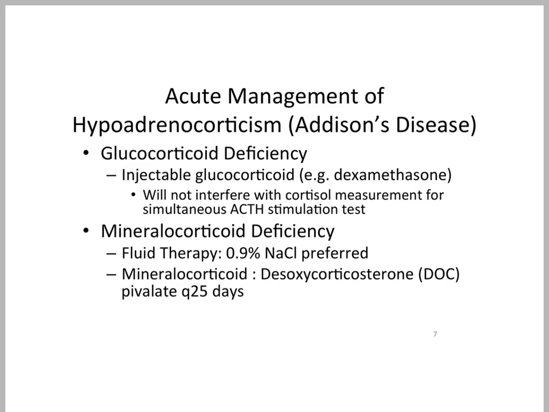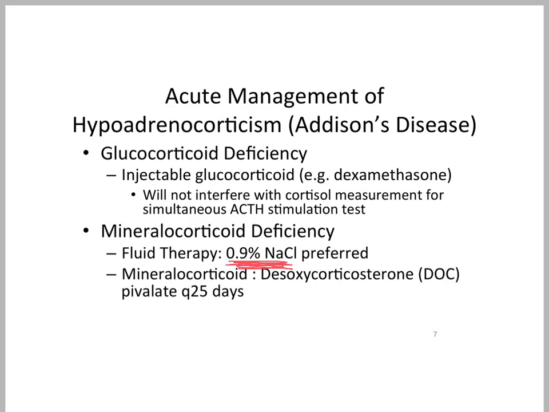So how do you manage one of these cases? Well, let's start at the bottom. The first thing you want to do is get a line in the animal, and you're going to give fluid therapy. Volume therapy is very important, and I can ascribe this to both glucocorticoid and mineralocorticoid deficiency. But generally, because we see hyperkalemia, we try to avoid fluids that have potassium in them.